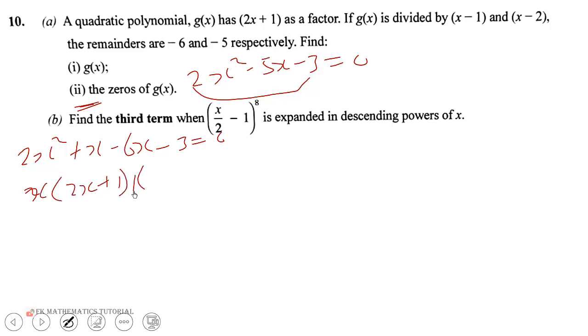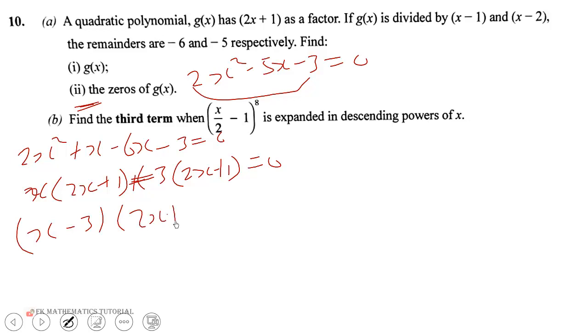Then we have minus 3 outside, we have 2x plus 1 equals 0. So we have x minus 3, then we have 2x plus 1 is equal to 0. So x is either equal to 3 or negative 1 over 2.